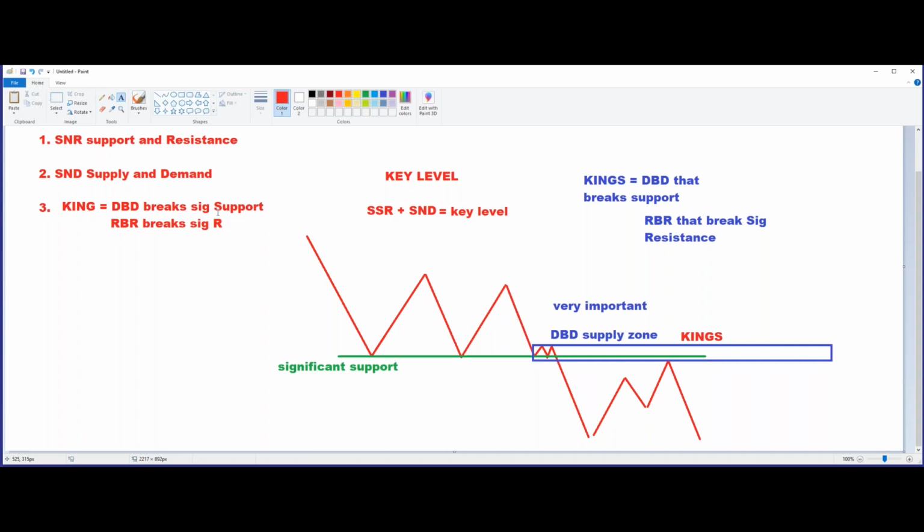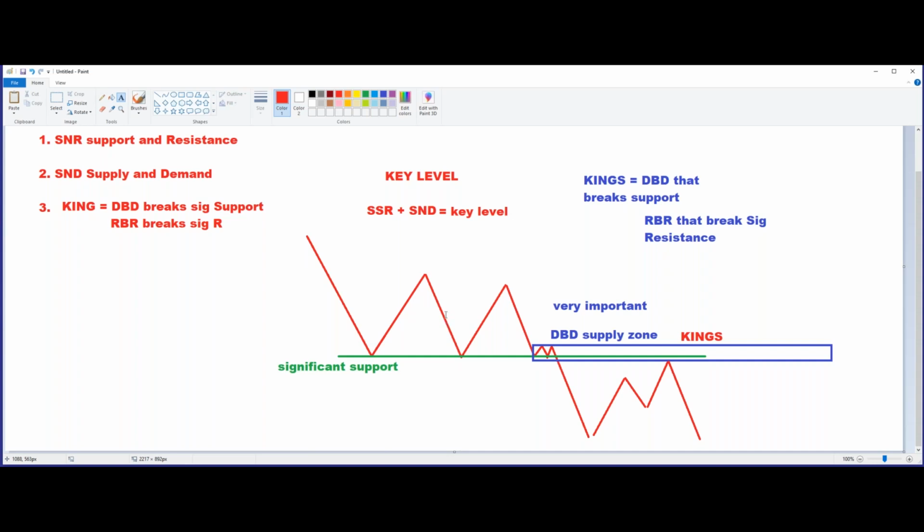For entry, we have to look for the king. The king is SSR plus SND. You have SSR, significant support and resistance, or maybe you can find a significant support only. Supply means a drop-based drop.